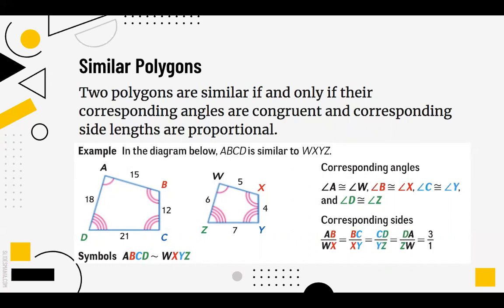In that Google form, basically what you are doing is looking at proportions and setting them up, making sure you know how to set them up vertically, horizontally, and making sure you know how to find the cross product. So it's only about ratios and proportions. It's not asking you anything about similar polygons just yet. I'm going to set the timer for 30 minutes and give you 30 minutes to work on it. Then at the end of the 30 minutes, we're going to come back and continue here at this similar polygon slide, okay?